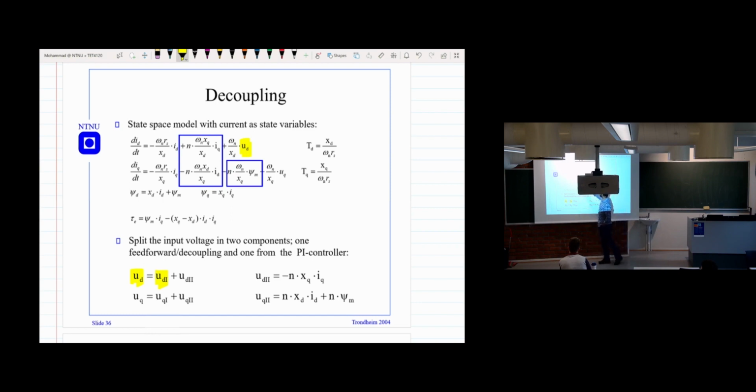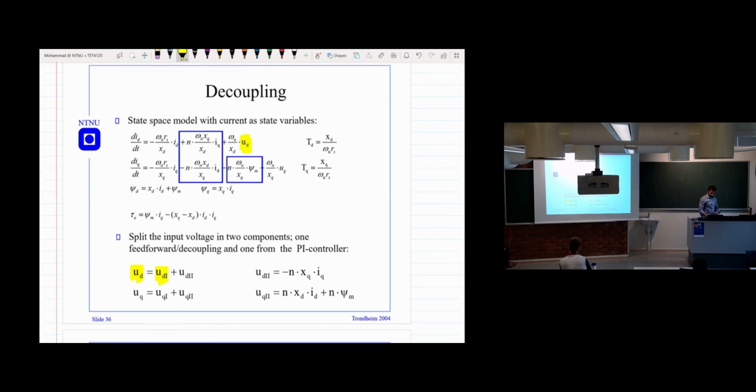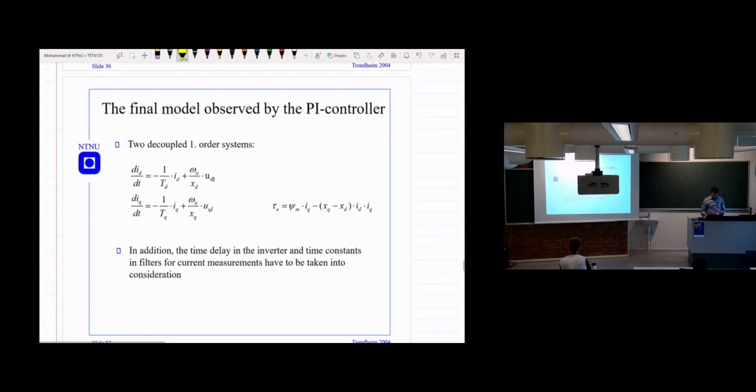And in the second one, the q-axis controller, we have both the cross-coupling term and the feed-forward term. So this second part is the cross-coupling and the feed-forward. So we insert this feed-forward and cross-coupling term, and they cancel from the original equation. If they cancel from the original equation, then we come up to this decoupled model.